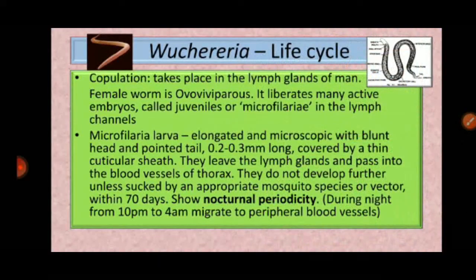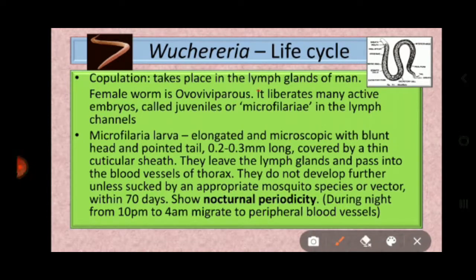And if you see the Wuchereria life cycle, the copulation takes place in the lymph glands of man, as I have described. The female worm is ovoviviparous and it liberates many active embryos, called juveniles or microfilariae, in the lymph channels.